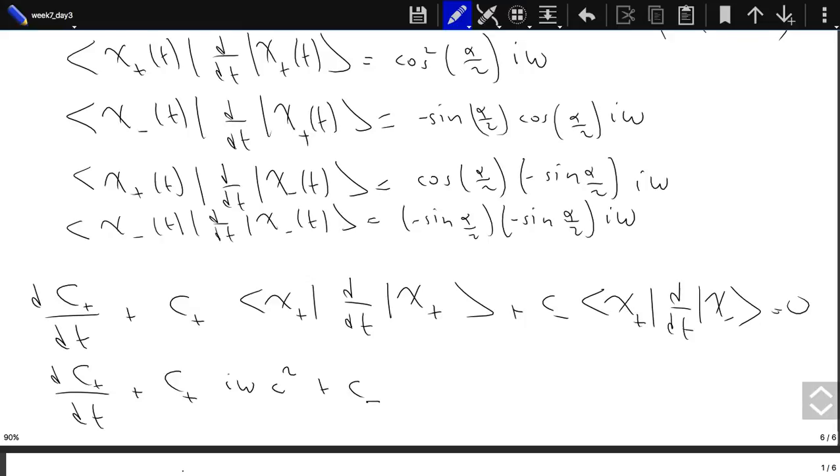Plus C minus times the plus-minus matrix element, which is minus I omega CS. This should be equal to 0.